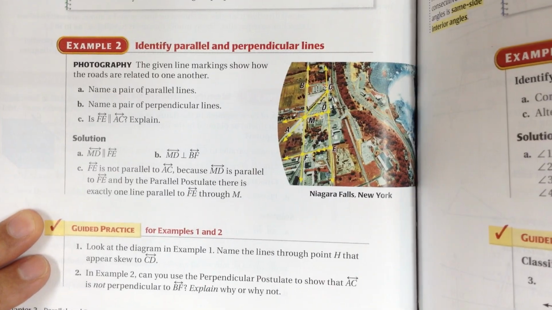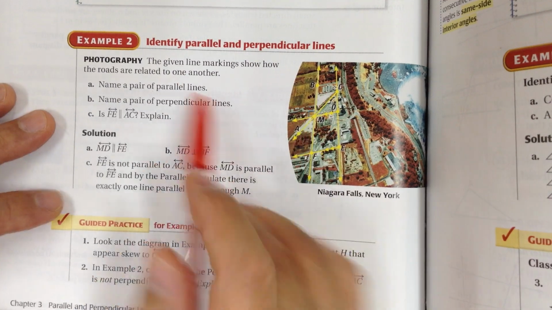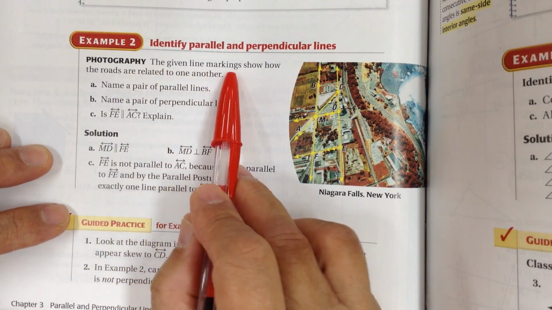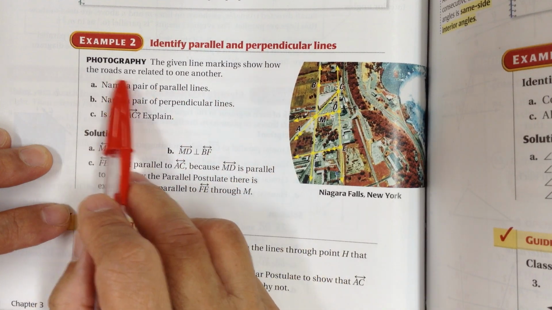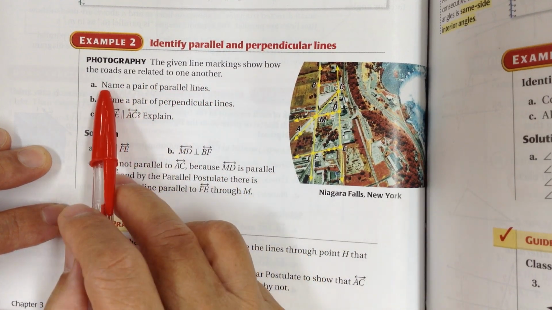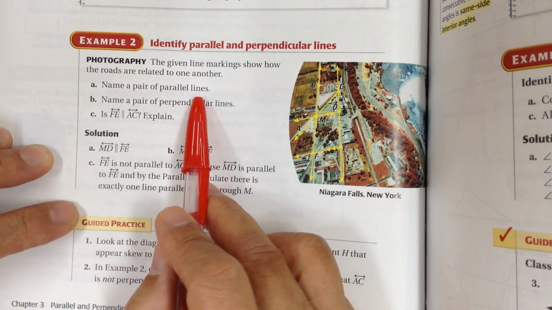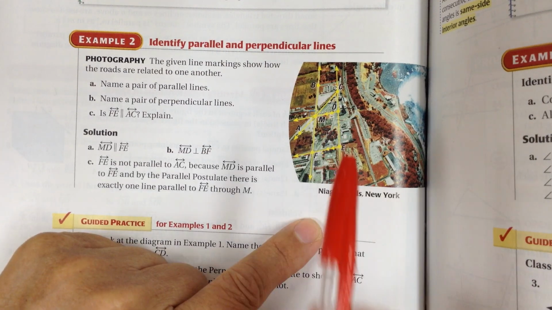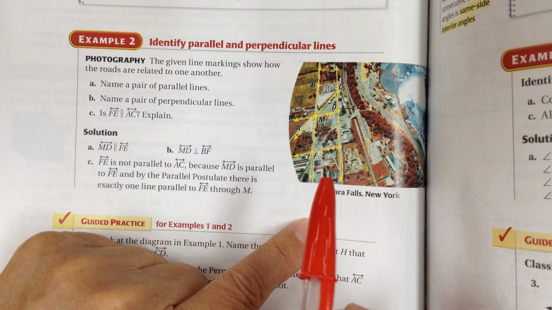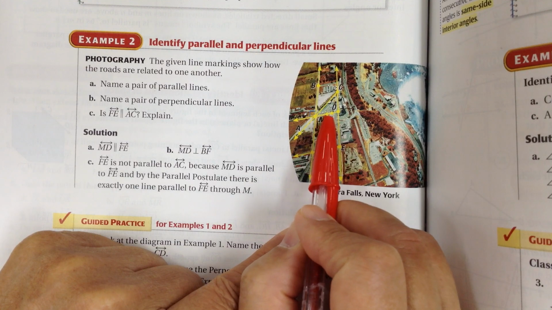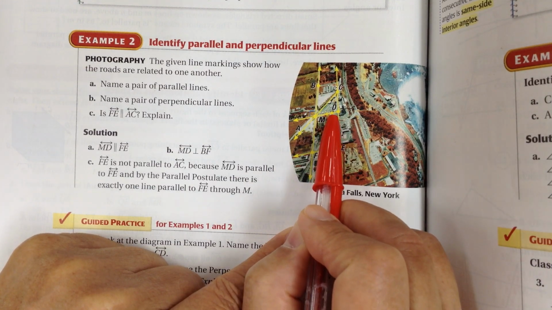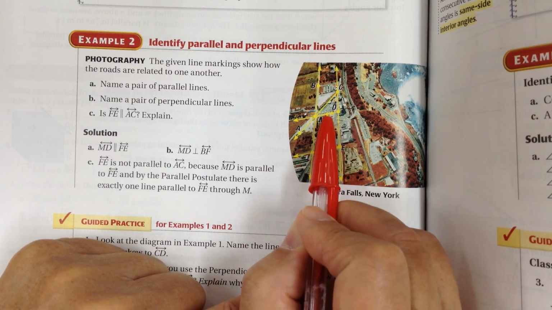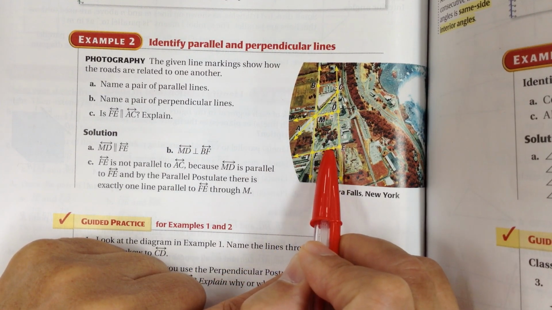Okay, let's go to example 2. Photography. It says the given line markings show how the rods are related to one another. A, name a pair of parallel lines. So you have to pay attention. Sometimes they don't use red triangles. If you look very closely, there are two little yellow triangles and two little yellow triangles.